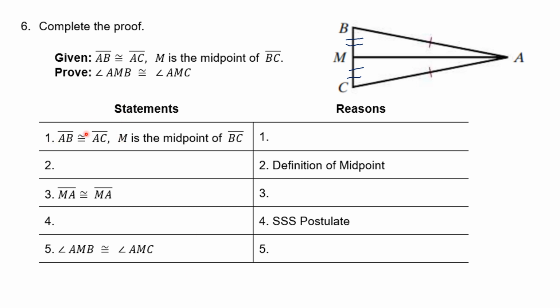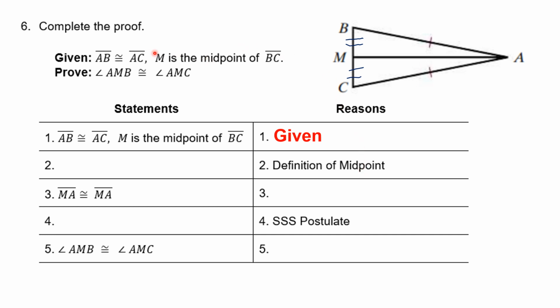We've got blanks on both sides again. Starting off, we have line segment AB is congruent to line segment AC, and M is the midpoint of the line segment BC. That was given to us, so that's easy. Then the next line, we've got the statement blank, and it says by definition of the midpoint.